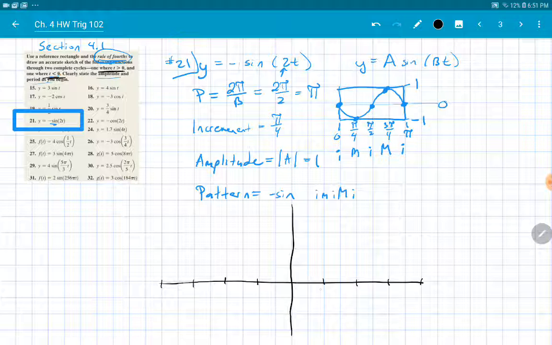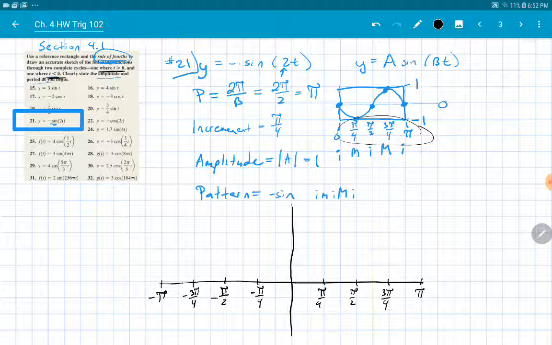So going forward from 0, I have pi over 4, pi over 2, 3 pi over 4, and pi. And going in the opposite direction, I have negative pi, splitting that. Another way to think about it is you do your fourths, and then you can do half of that, and then half of that one. And then between negative pi over 2 and negative pi, we get -3/4 pi.